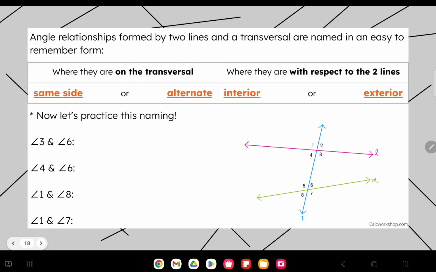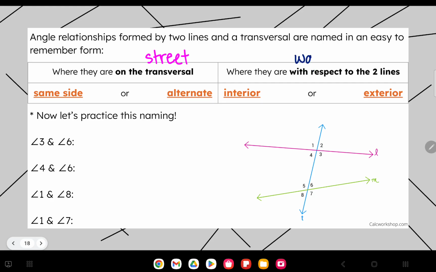So, we name these angle relationships in a very easy to remember form. We name them by where they are on the transversal. That's our street. And where they are with respect to the two lines.